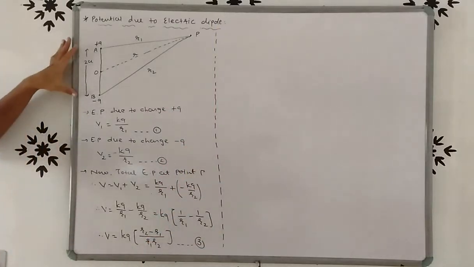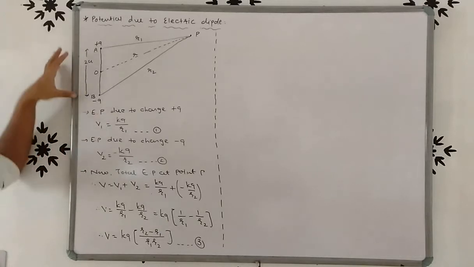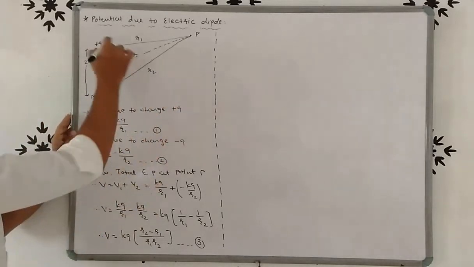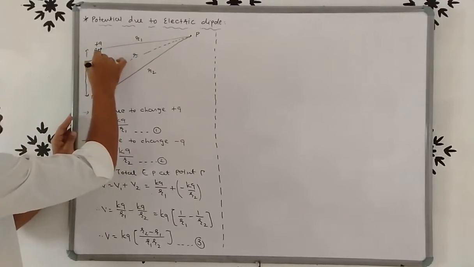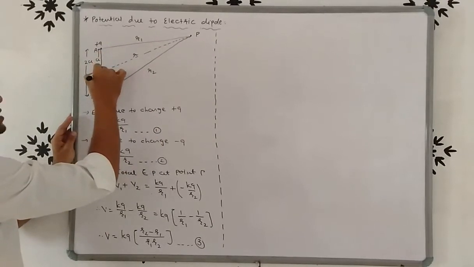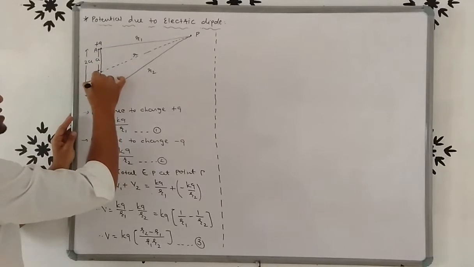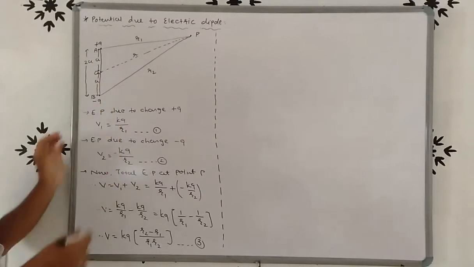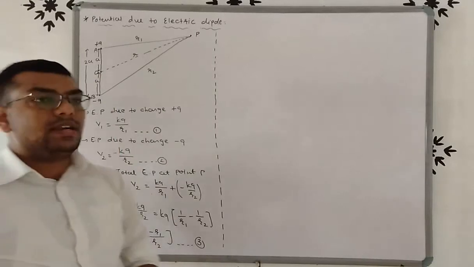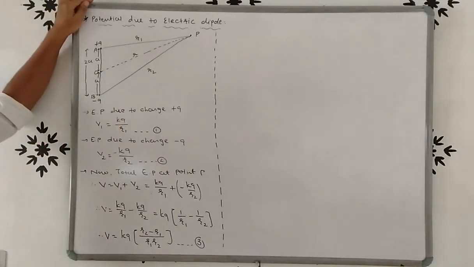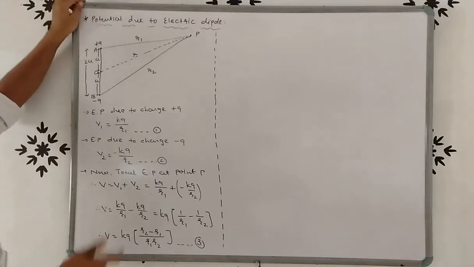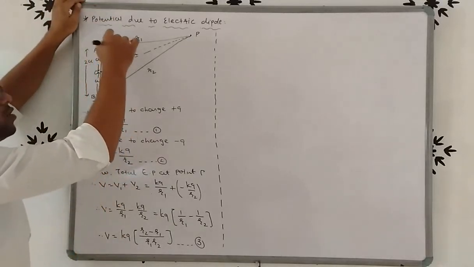The distance between plus q and minus q is 2a. So the distance between A and O is small a, and the distance between O and B is also small a.